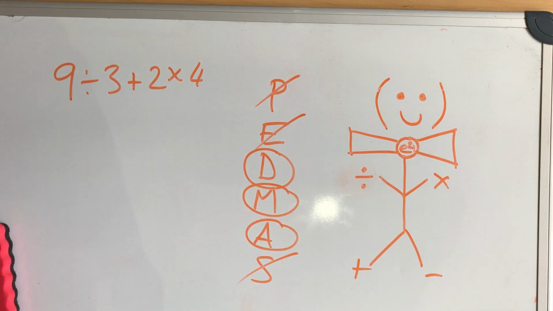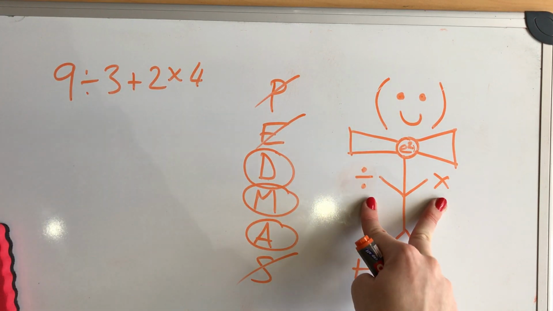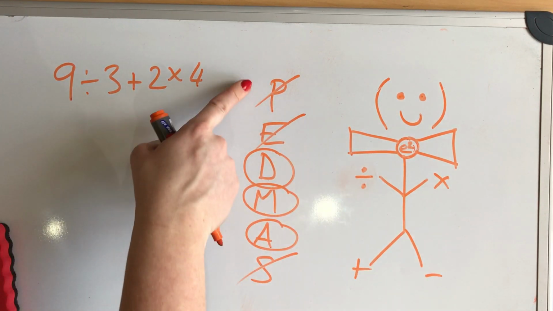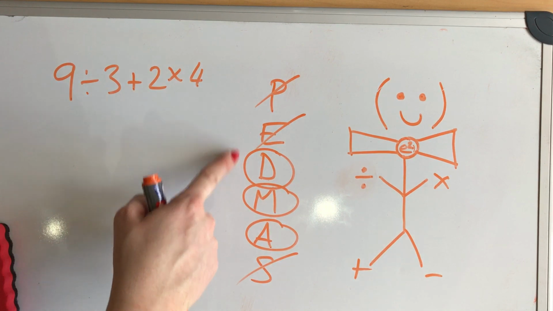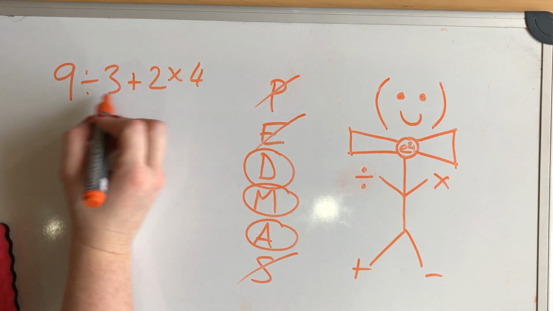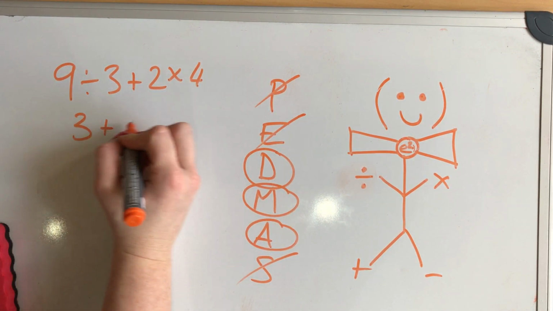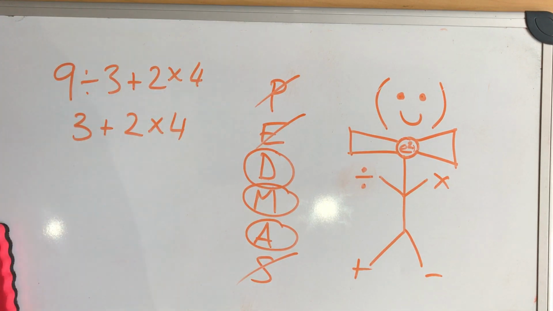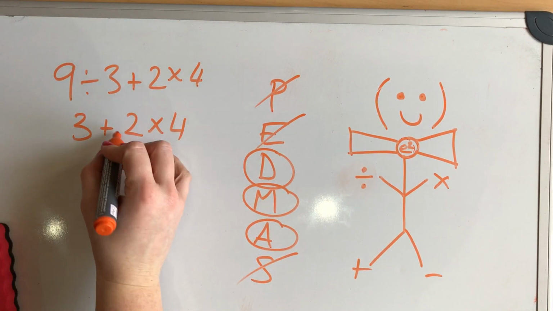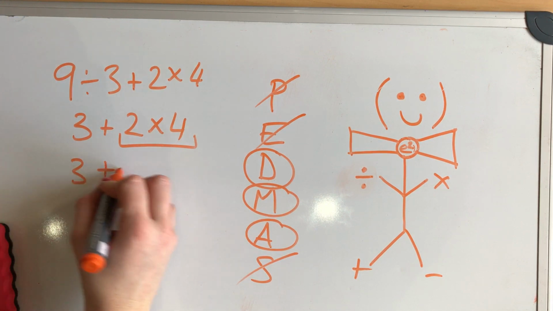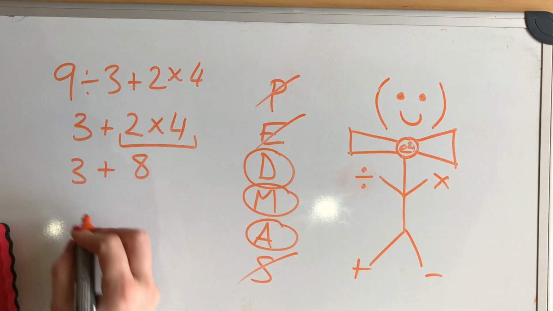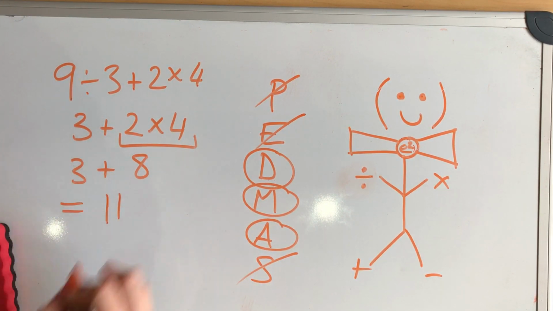No. So I need to start with either my division or my multiplication. It doesn't matter which. However, I'm going to use division first just because it's first here. So 9 divided by 3 will be 3. So 3 plus 2 multiplied by 4. Then I need to do my multiplication. 3 plus 8. Then my addition. So that will leave me with 11.